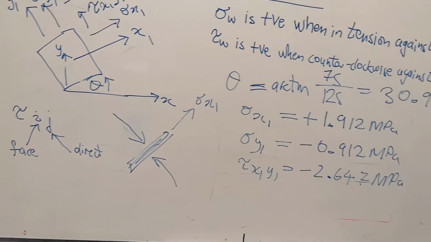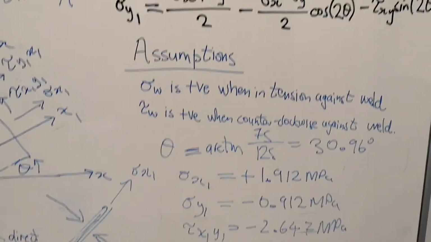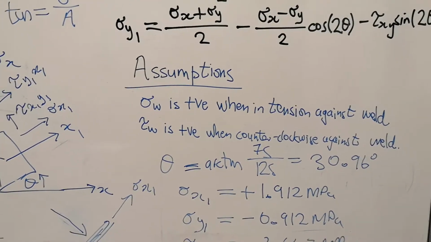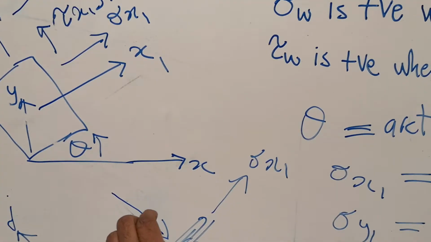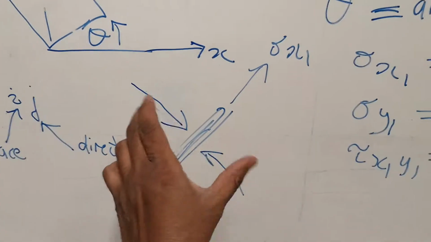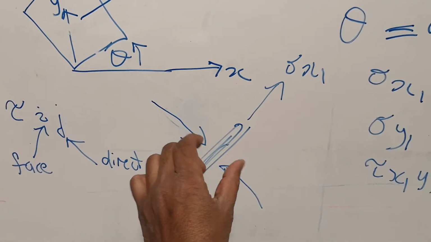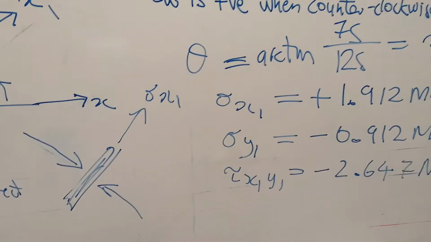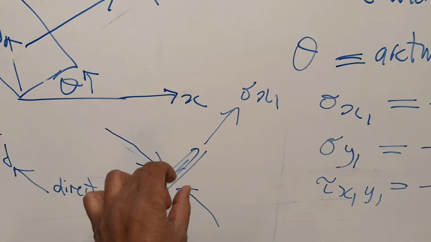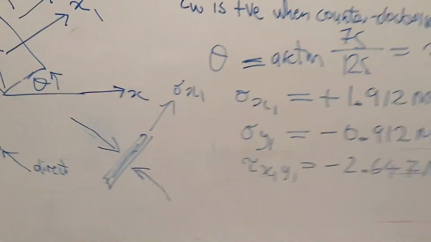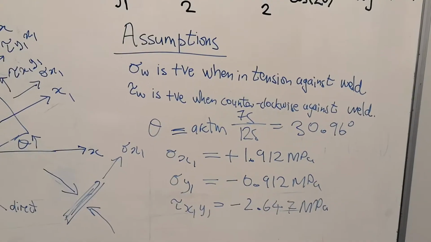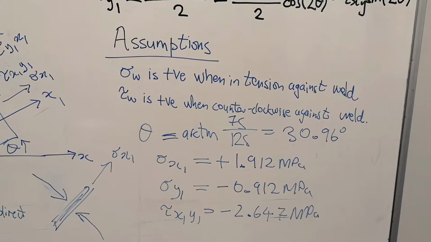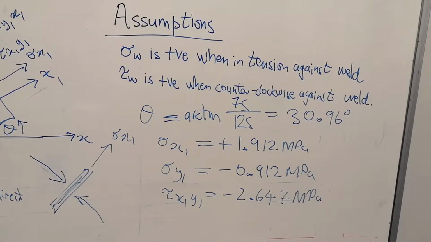And because it's a compressive stress, according to our sign notation, it is positive when it's in tension. In other words, when it is positive it is tension, physically pulling the weld. This is the weld, and tension would be over there, but we worked it out to be going in this direction, so it's in compression. So the normal stress, sigma W, would be negative.